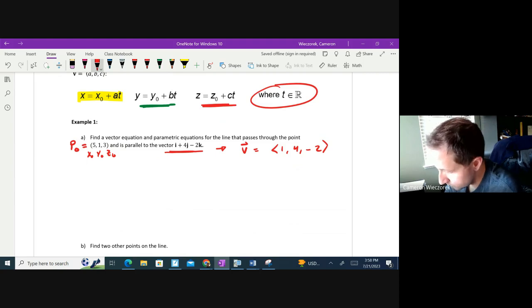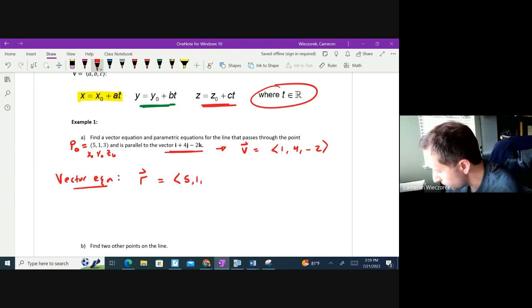Okay. So let's do the vector equation first. Our vector equation, r, is going to be given by r sub 0, which is the vector created from the origin out to the initial point, 5, 1, 3, plus the direction vector given by 1, 4, -2, and so we want scalar multiples of that direction vector.